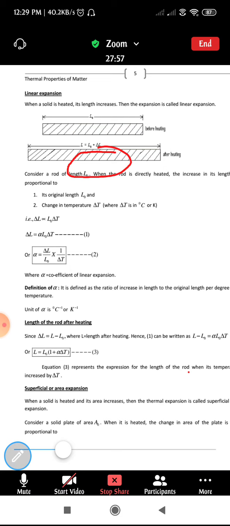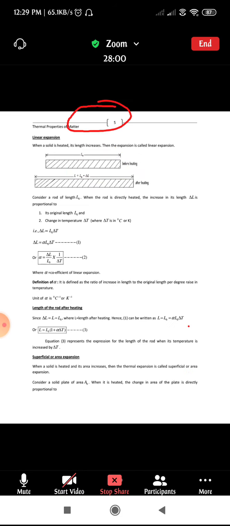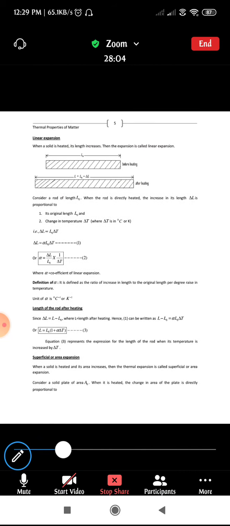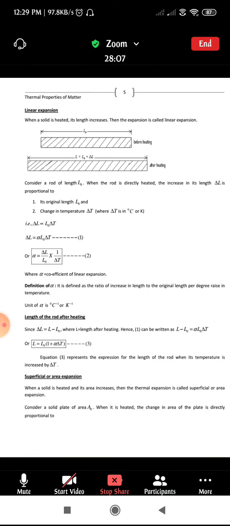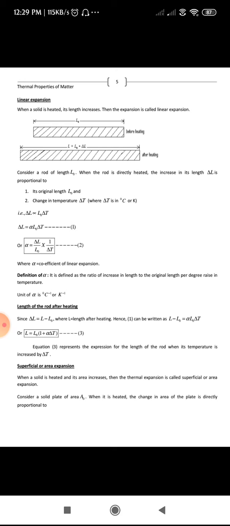Now we need to write this in a mathematical form. Consider a rod of length L naught. When the rod is heated, the increase in its length, delta L, is directly proportional to its original length, and it is also directly proportional to the change in temperature.